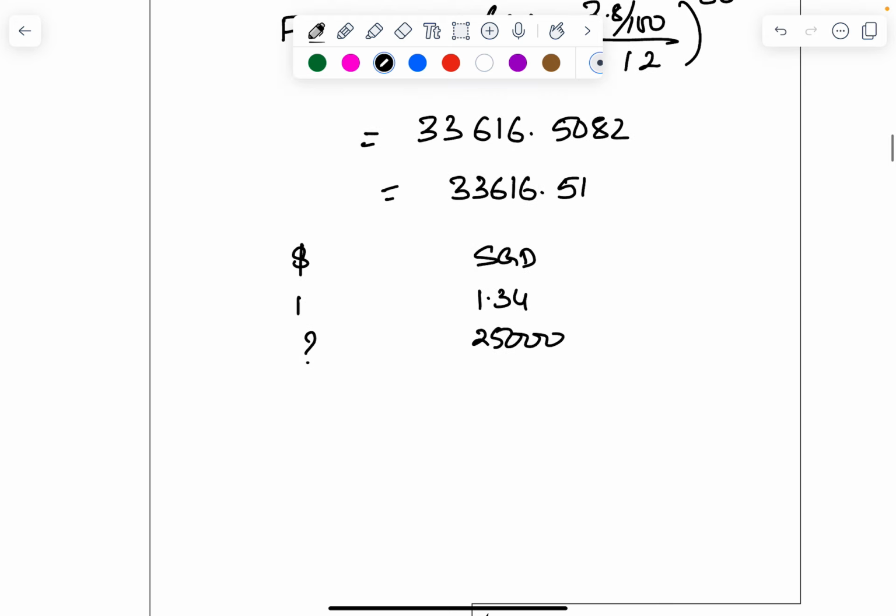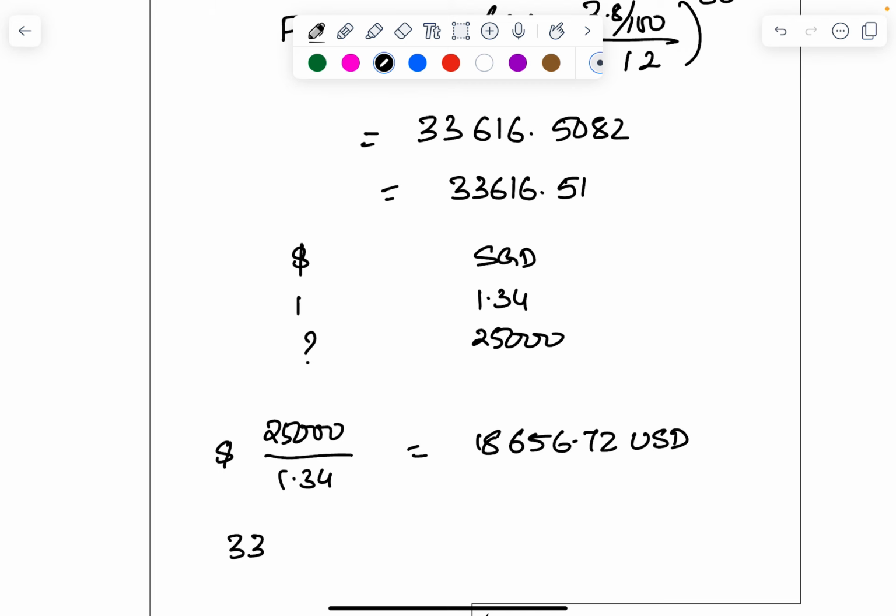How much is that? It's going to be 25,000 divided by 1.34, which is going to be 18,656.72 US dollars. Now the balance will be 36,616.51 minus 18,656.72, which is going to be 14,959.79 US dollars.